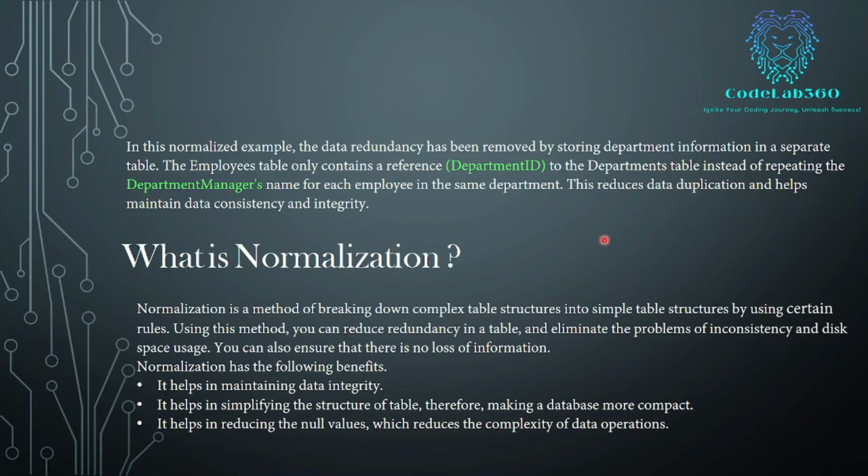Okay, so we now come to our topic, normalization. What is normalization? Normalization is a method of breaking down a complex table structure into a simple table structure by using certain rules.